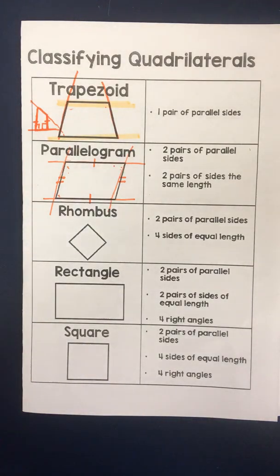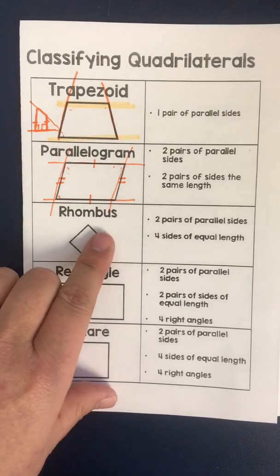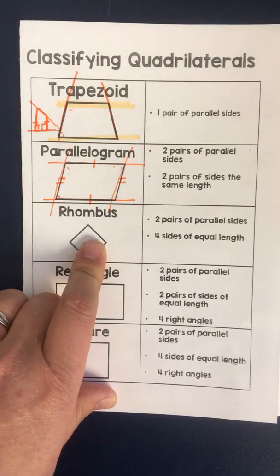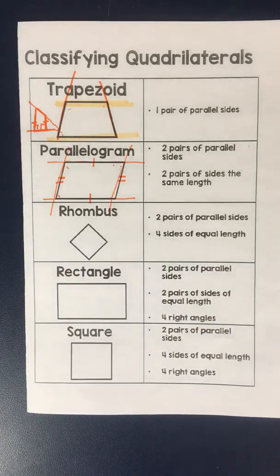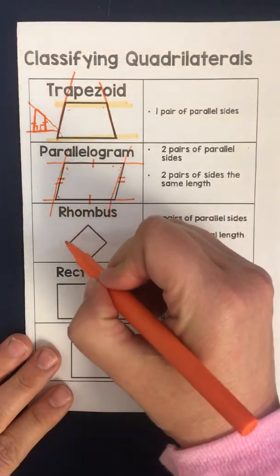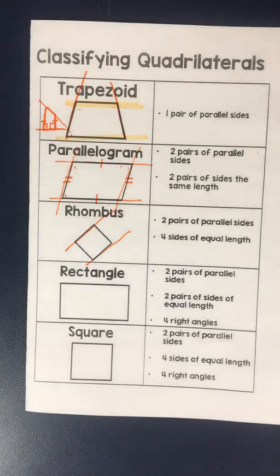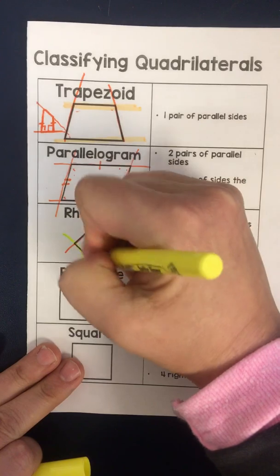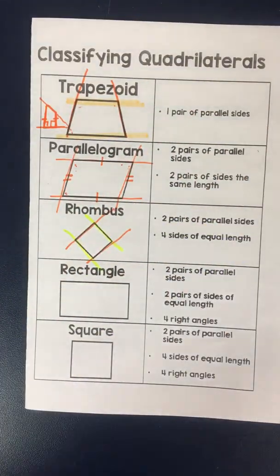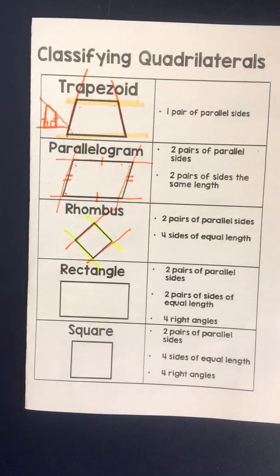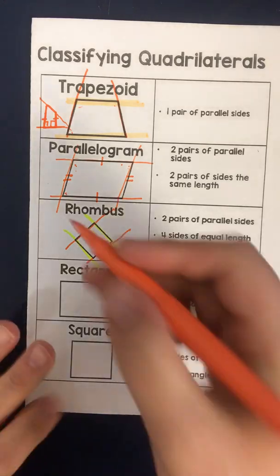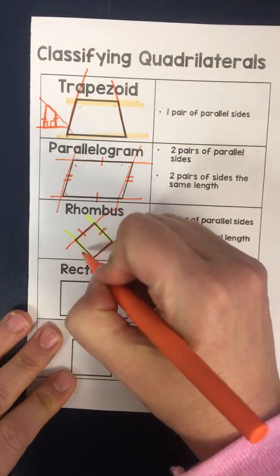Right now I just really want us to focus on the side lengths and the sides and what we know about the shape. Here we have a rhombus, and what makes a rhombus is it has 2 pairs of parallel sides. So here's one pair. And let me pull a different color out so we can see. Here's another pair. So it has 2 sets of sides that are parallel. But all 4 sides are going to be equal, just like on a square.